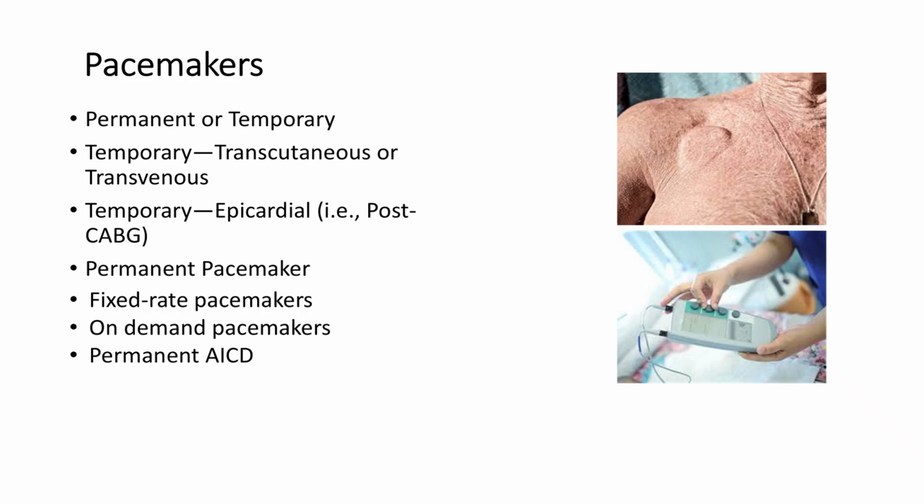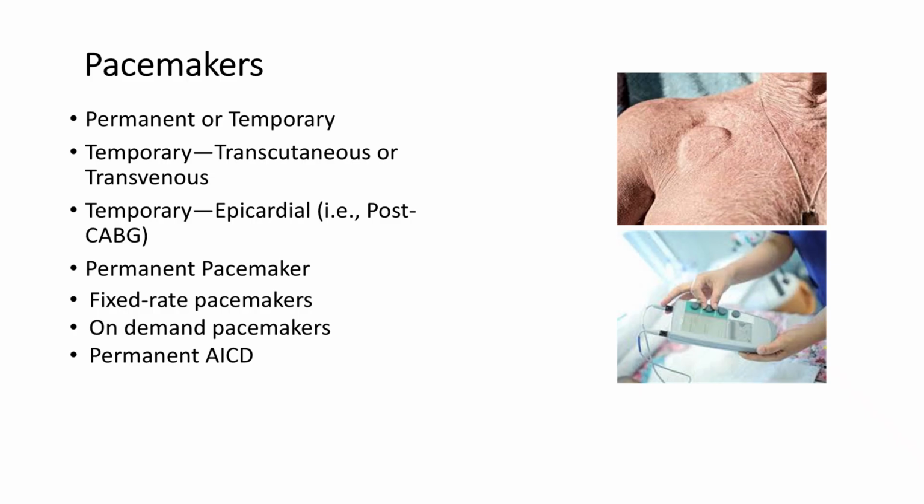Now, your permanent pacemakers, you can have them either at a fixed rate, to where the pacemaker is going to fire every time at a certain interval, which is set on the pacemaker, or they can be on-demand pacemakers, and those are going to be more commonly utilized. For example, if we set the pacemaker to 60, if the patient's heart rate maintains over 60, that pacemaker is not going to fire.